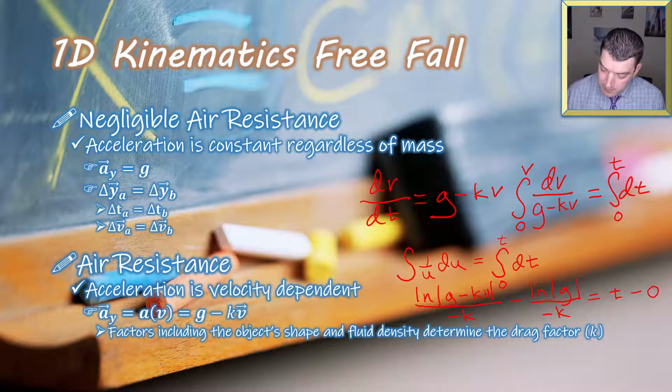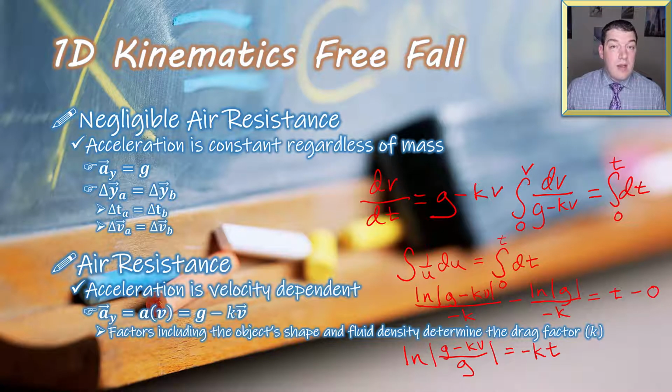Notice we can multiply both sides by negative k, and when you're subtracting one natural log from another, that's equal to the natural log of the ratio or quotient of those two functions. So what we get from that is that the natural log of g minus kv divided by g is equal to negative kt.